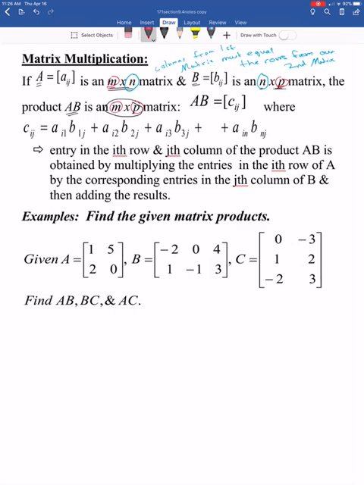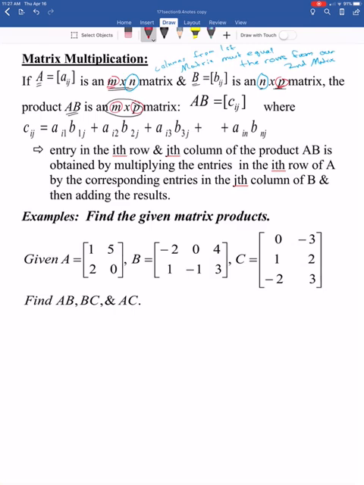To find the ith row and jth column entry of product AB, we multiply the entries in the ith row from your first matrix with the entries in the jth column in your second matrix. So, for example, for row 1, column 2, you would take row 1 entries from matrix A and multiply with column 2 entries from matrix B.